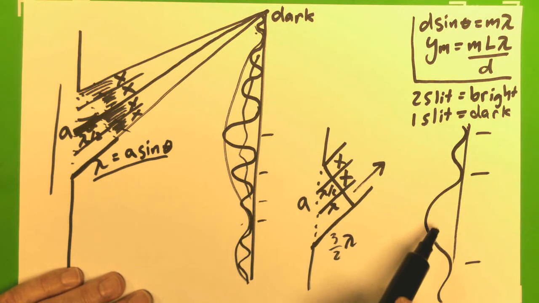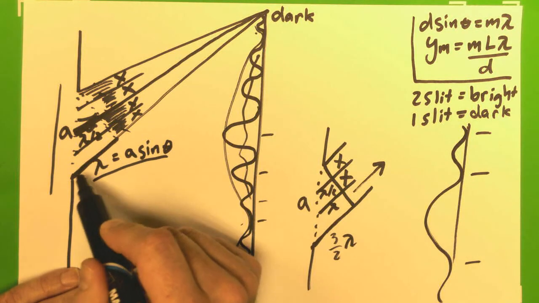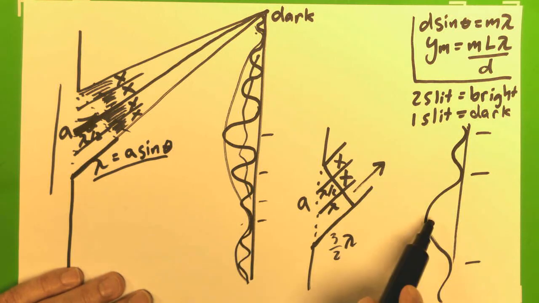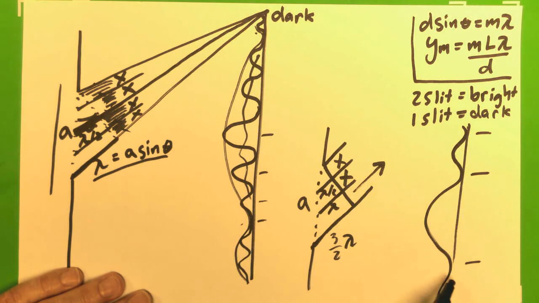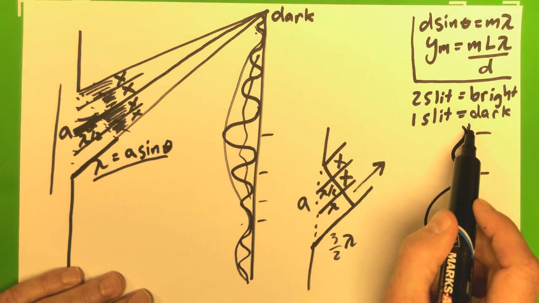And then we move to just the first wavelength. We get to the first spot, and that is now a dark spot where we have one wavelength difference. And so we move from a central maximum to a dark spot on either side. And then when we go one more wavelength, that gets us back to another dark spot.